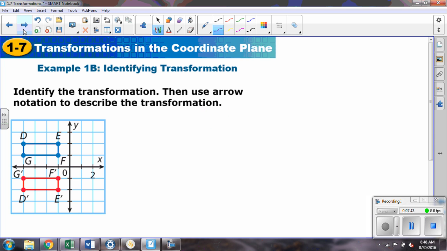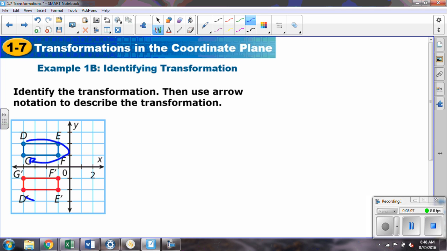What about this one? Reflection, rotation, translation? Well, pay attention to the order of the points. D went to E, went to F, went to G. That's a clockwise order of the points.